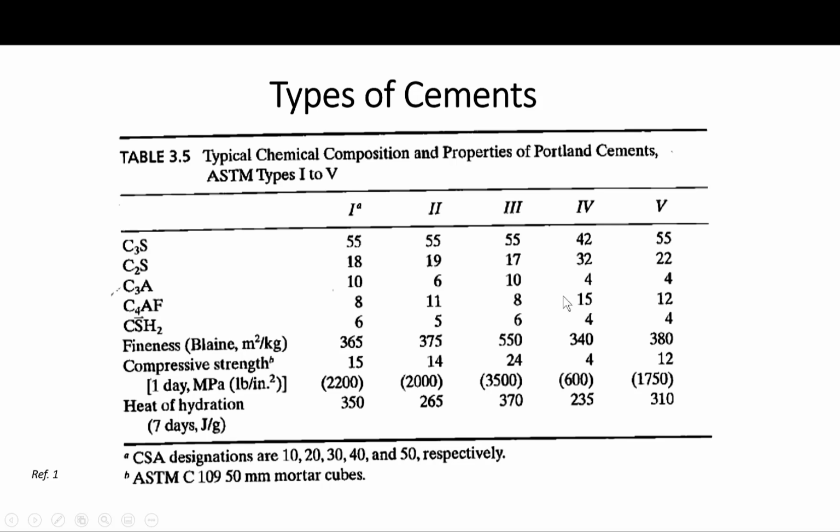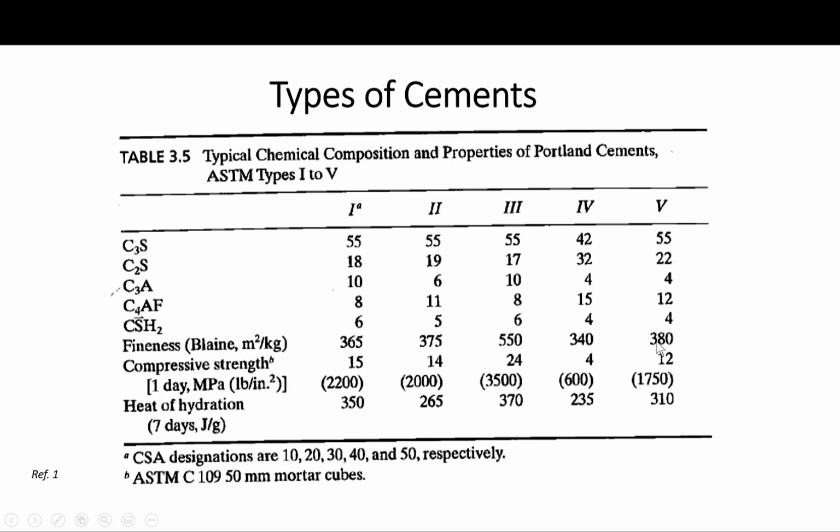C4AF is not much of a concern. The gypsum here is almost the same, but of course we have less here because of the lower C3A content. The fineness, as you see, this is the typical value for a type 1. Type 2 is close. Type 3 is much higher. Type 4 is less.